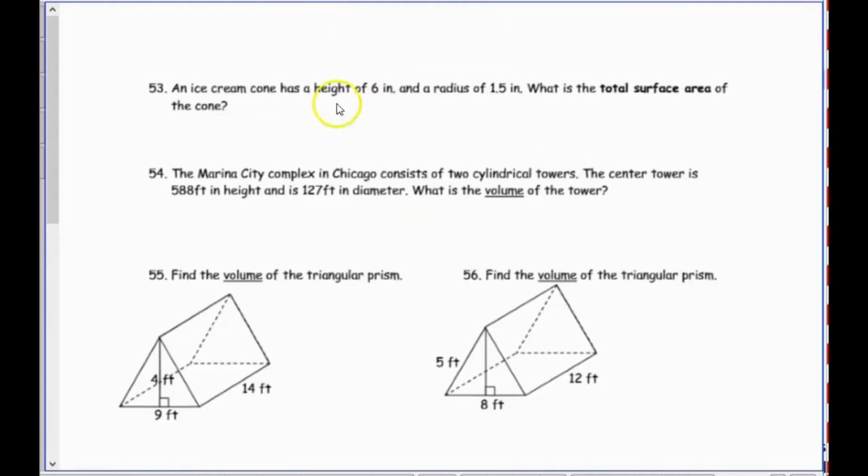Ice cream cone has a height of 6 inches and a radius of 1.5. What is the total surface area of the cone? So we're just doing the cone. So to do surface area of a cone, we got to do pi RL plus pi r squared.